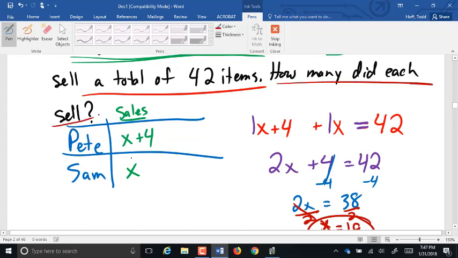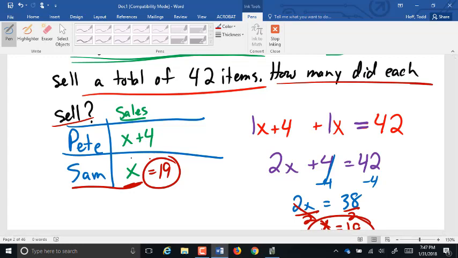Well, what does X represent? Sam. That's one of the reasons why I map it out like this, is so once I've solved the equation, I know what the variable is telling me. This is telling me very clearly X represents Sam, so Sam was 19. And now also because I have this written out, I can find Pete.